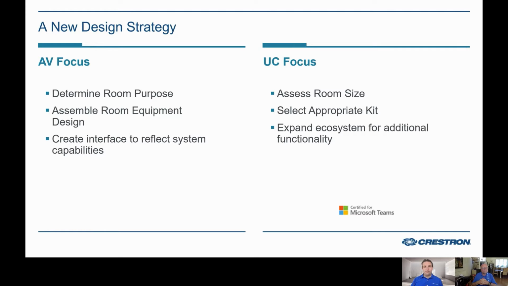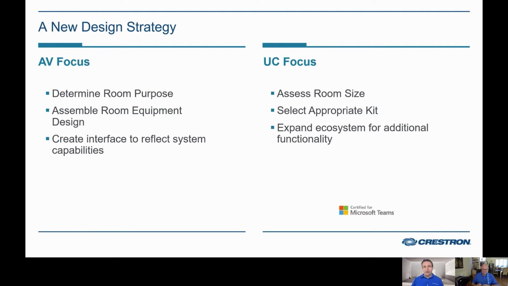So traditionally, many people would build a room, understand its purpose, and then put as much technology in that room as possible and make it complex. But the evolution of unified communications, right away from the early days of Office Communication Server, Lync, Skype, and now Teams, it's really so much easier to do collaboration.